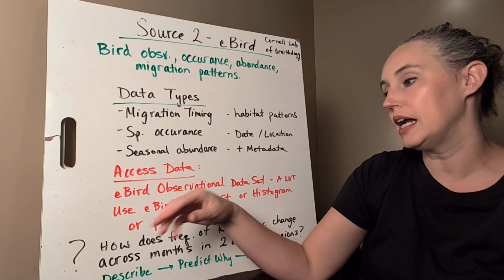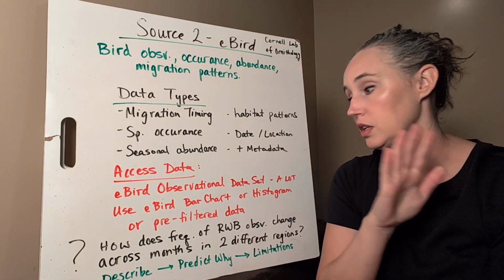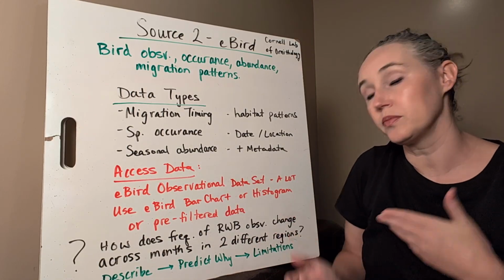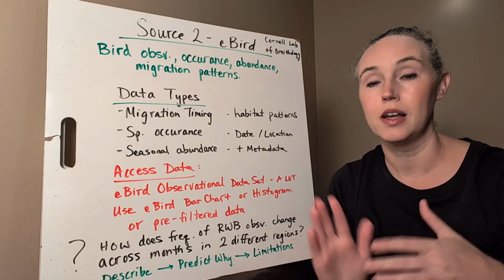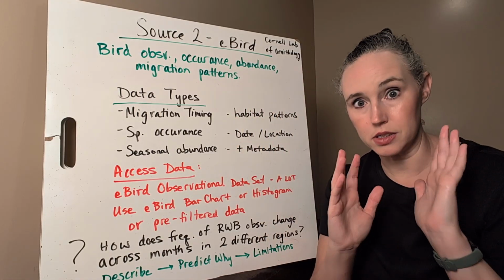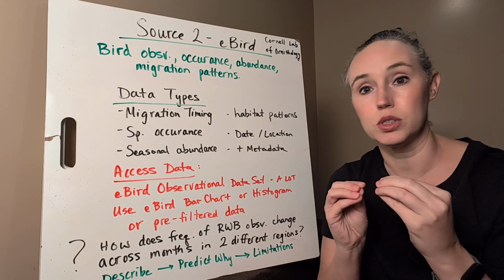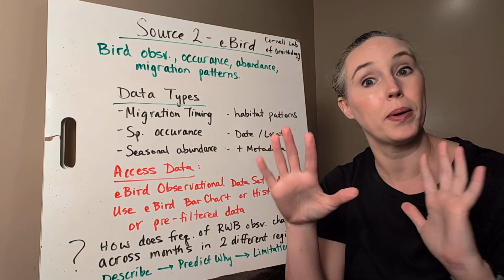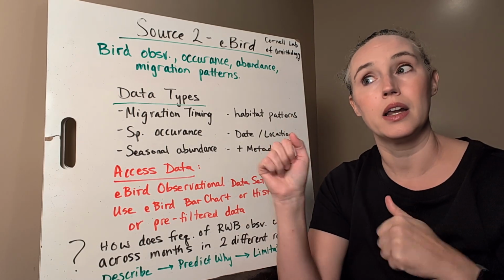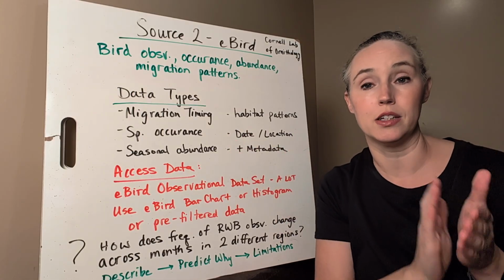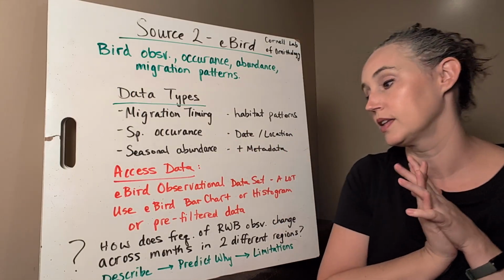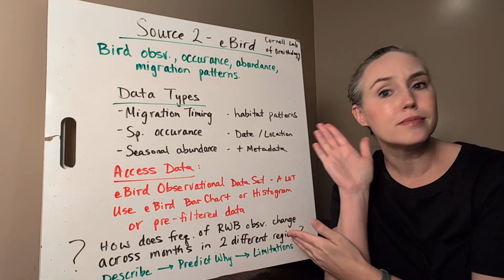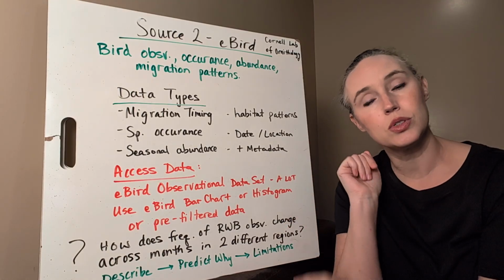You can also go ahead and use a pre-made eBird bar chart or histogram, or you can pre-filter the data for your students. That helps them focus because a lot of times students think that everything on the page matters and they are still not fluent in finding what data matches their question. So that's why we do this, to practice those skills.